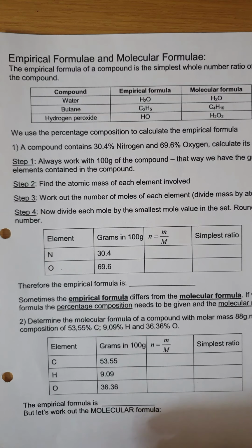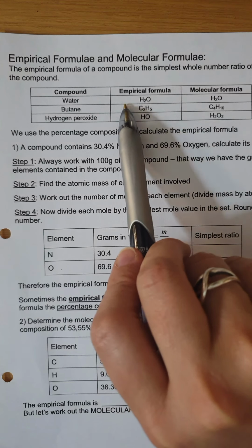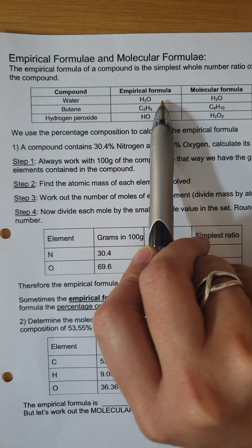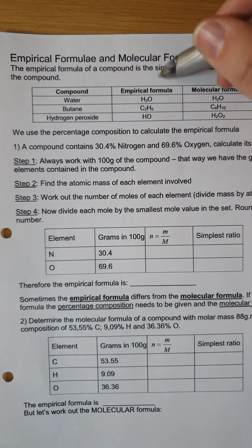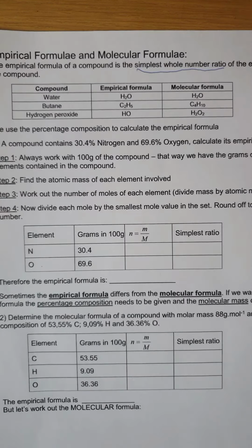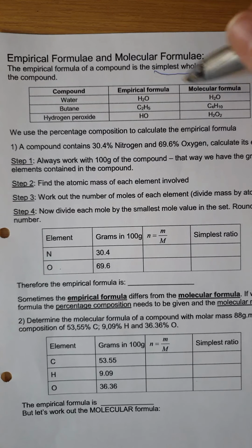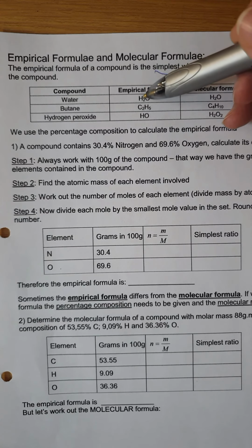So let me discuss what the difference is between an empirical formula and a molecular formula. So empirical formula is the simplest ratio. Okay, so here it says the simplest whole number ratio of compounds to each other. So the empirical formula for water is H2O.